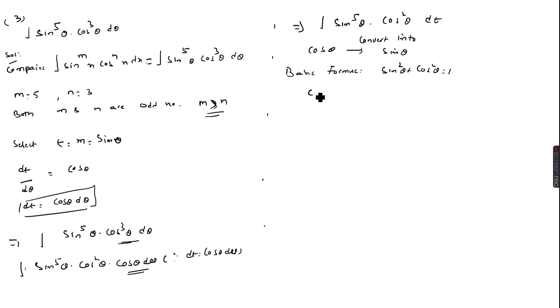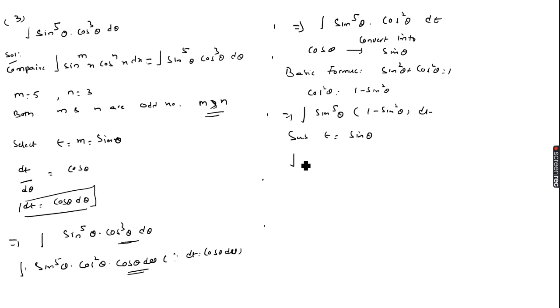So from that, cos square theta is nothing but 1 minus sin square theta. Therefore sin power 5 theta into cos square theta can be written as sin power 5 theta into 1 minus sin square theta into dt. We substitute t, that is t equal to sin theta.